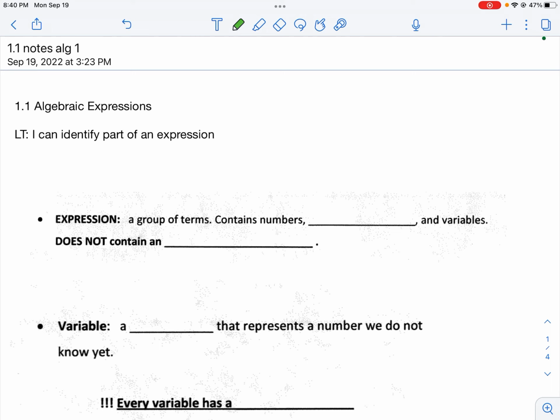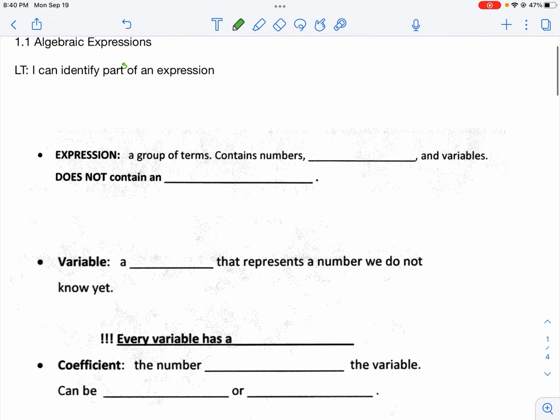Okay, so the learning target we're going to start with is, I can identify parts of an expression. First let's talk about what an expression is. An expression is a group of terms.